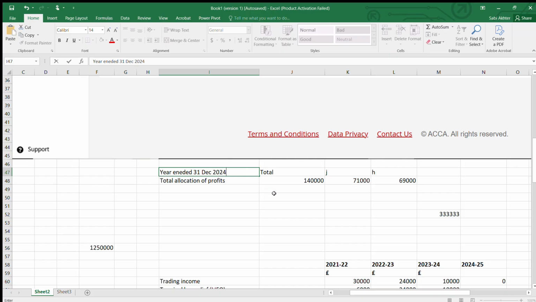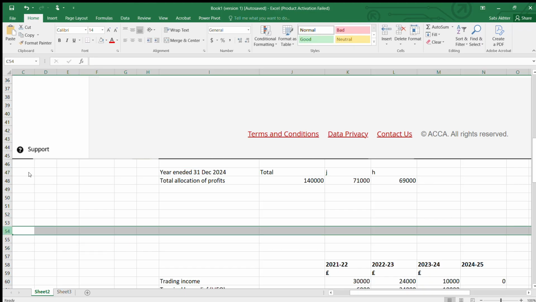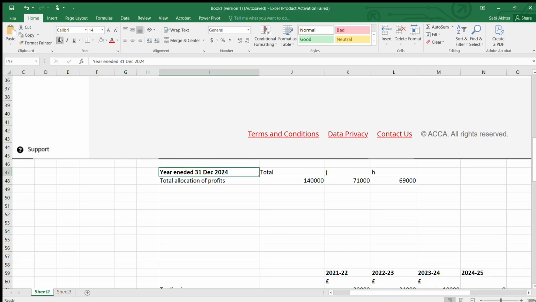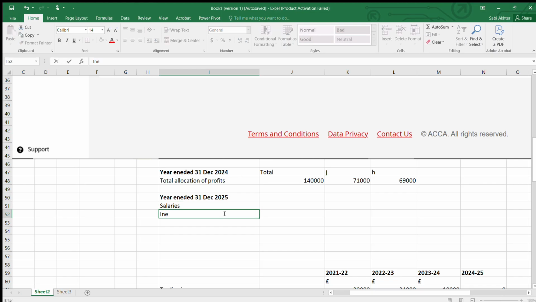Okay, so let us do that. We are doing exactly that. So here this will be for 2025 because they asked you two tax years. So now we will start with salaries and then interest on capital at 10%.